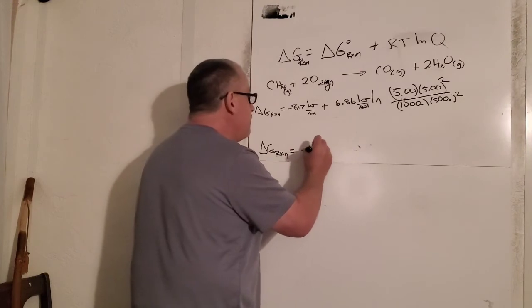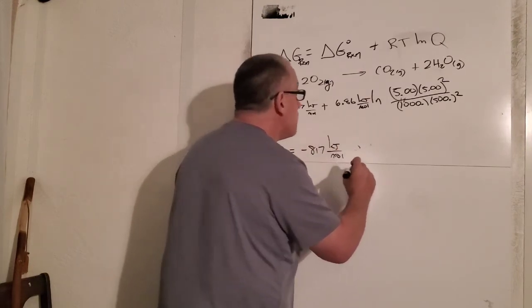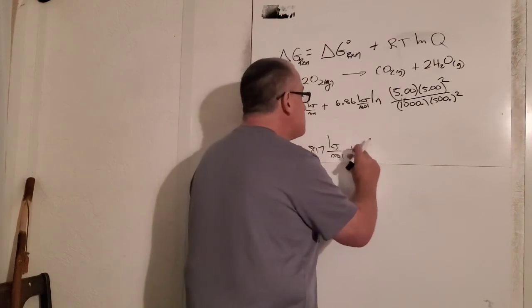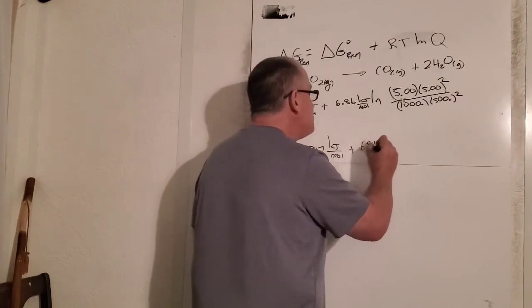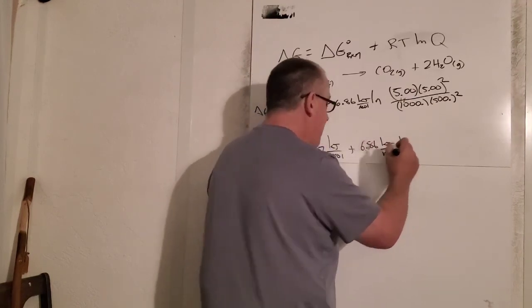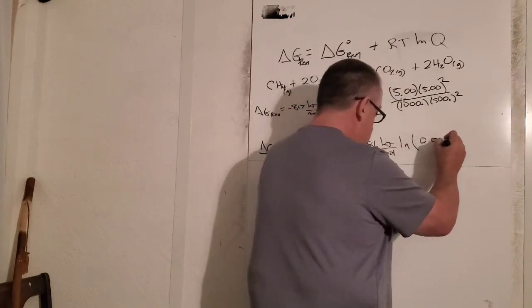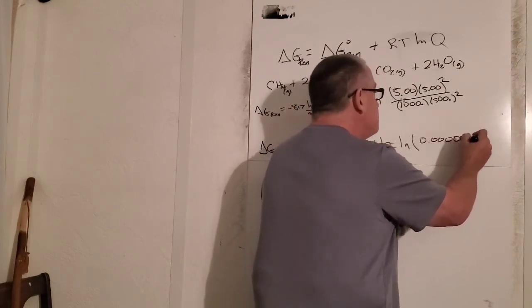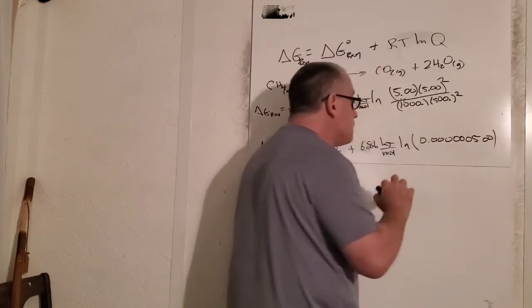It's equal to negative 817 kilojoules per mole plus 6.86 kilojoules per mole, natural log, and here I have 0.123456 and a 5, 0, 0.